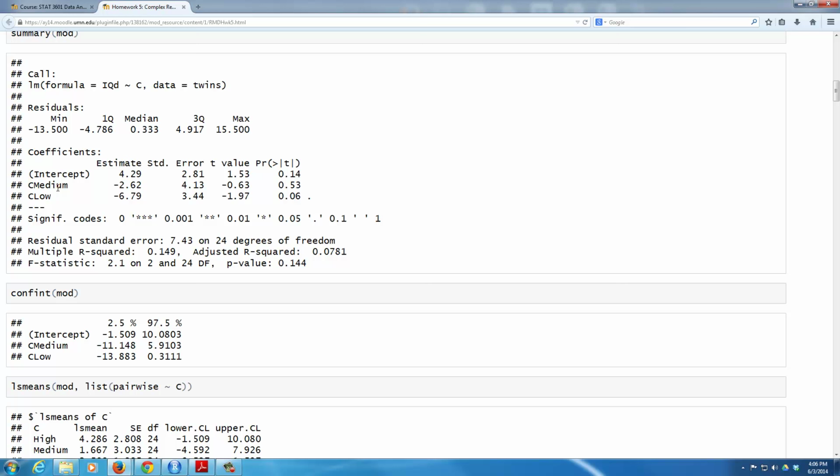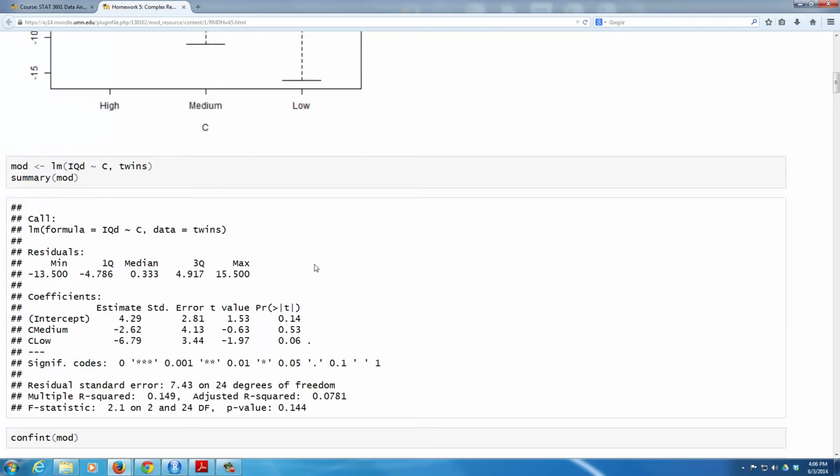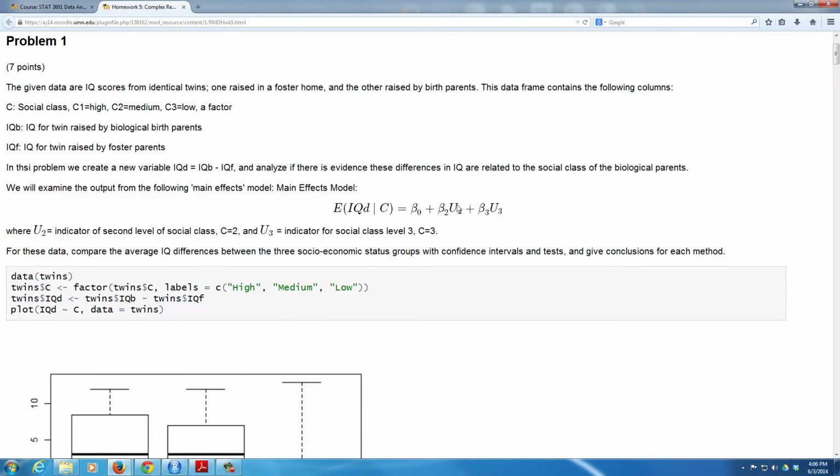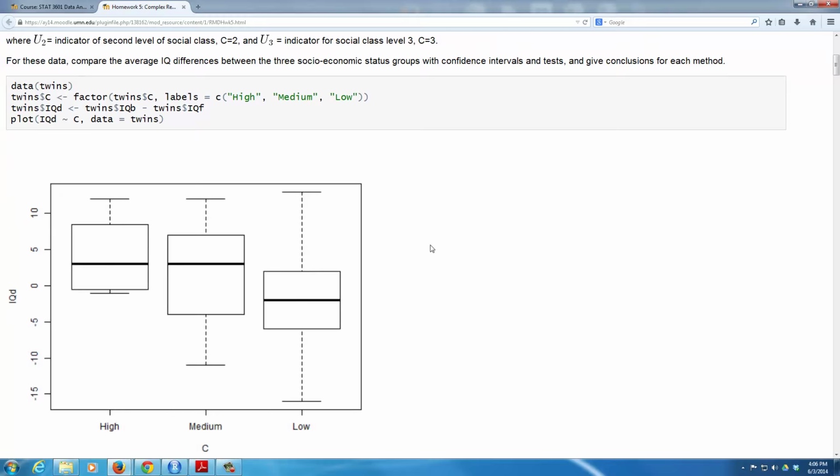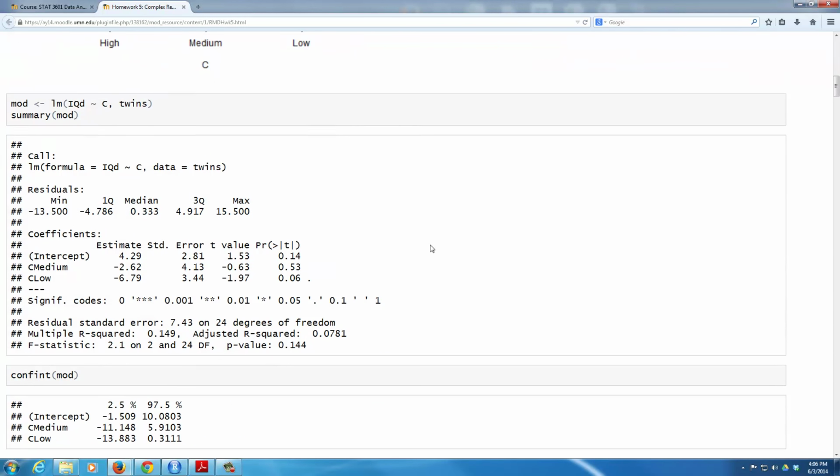Make sure you remember how to interpret the coefficient for medium. This is going to be found by plugging in U2 equals 1 for a medium social status family. U3 will be a 0, and so the summation of the intercept coefficient and the beta 2 hat coefficient will give the estimated value for medium social status.